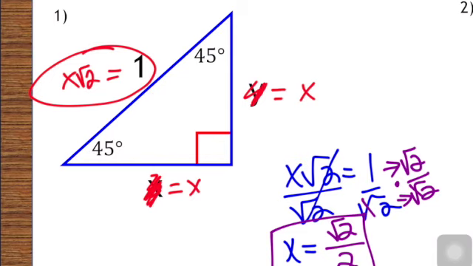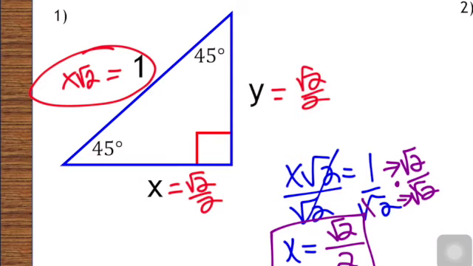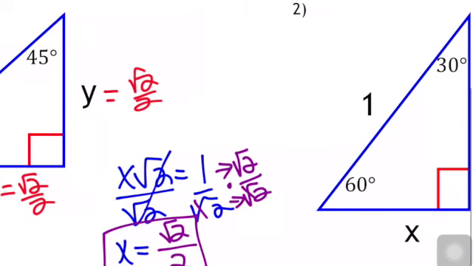So we can go ahead now and erase these variables, and now we're going to replace x with what it equals. So x now equals radical 2 over 2. Here x now equals radical 2 over 2. Done. Let's go ahead and look at the next triangle.